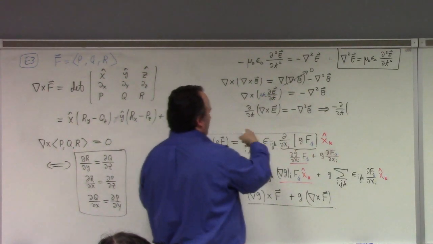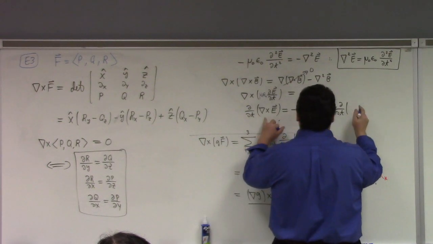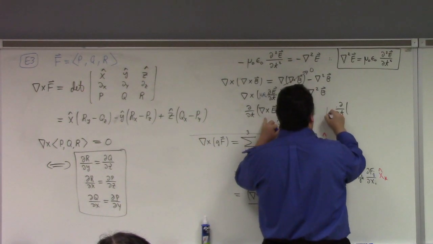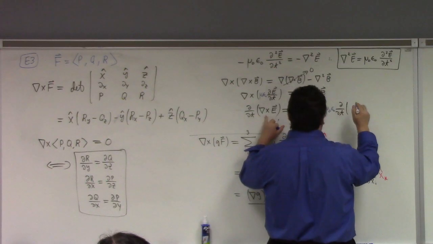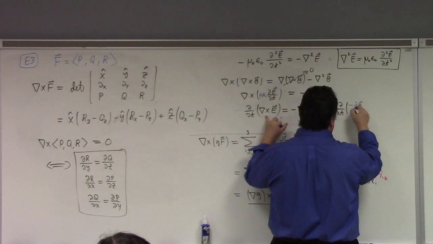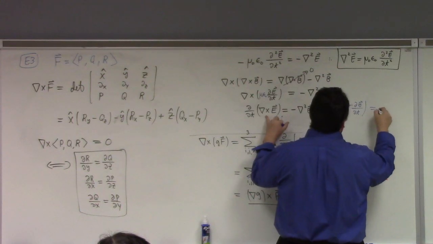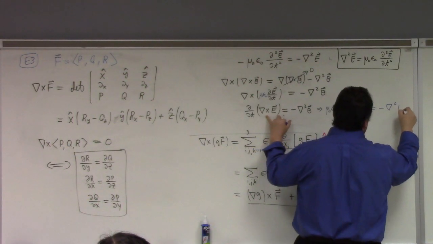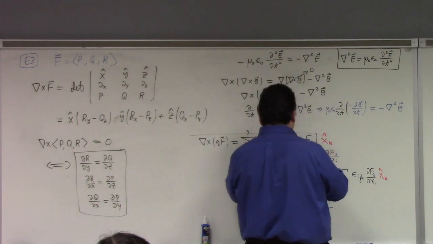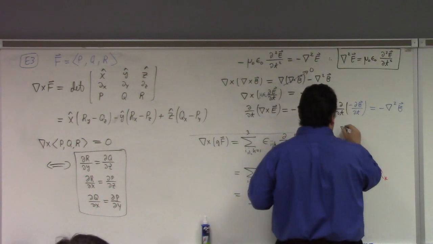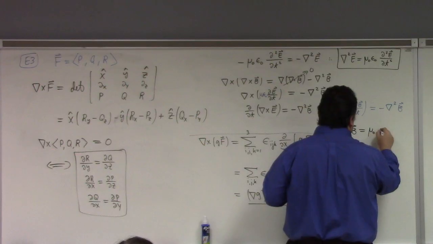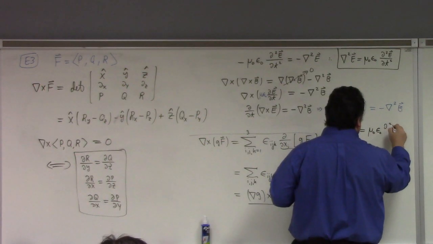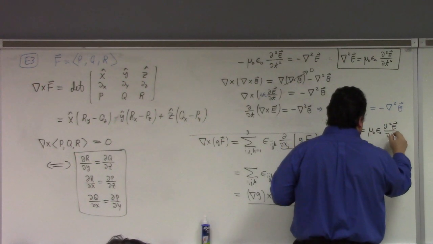But now we've got the curl of E. So the curl of E is going to give me minus partial B partial t. So therefore, we get that nabla squared B is also equal to mu naught epsilon naught partial squared B partial t squared.